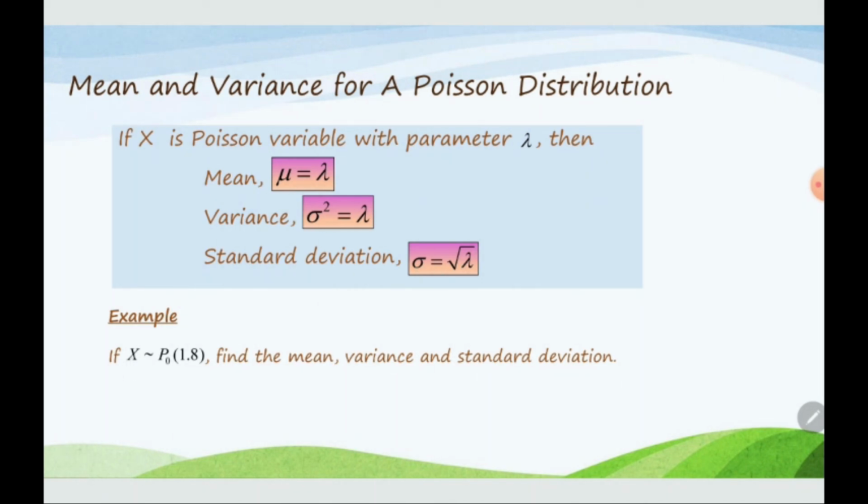So we are going to do this example. If X is a Poisson distribution where lambda is 1.8, find the mean, variance and standard deviation.